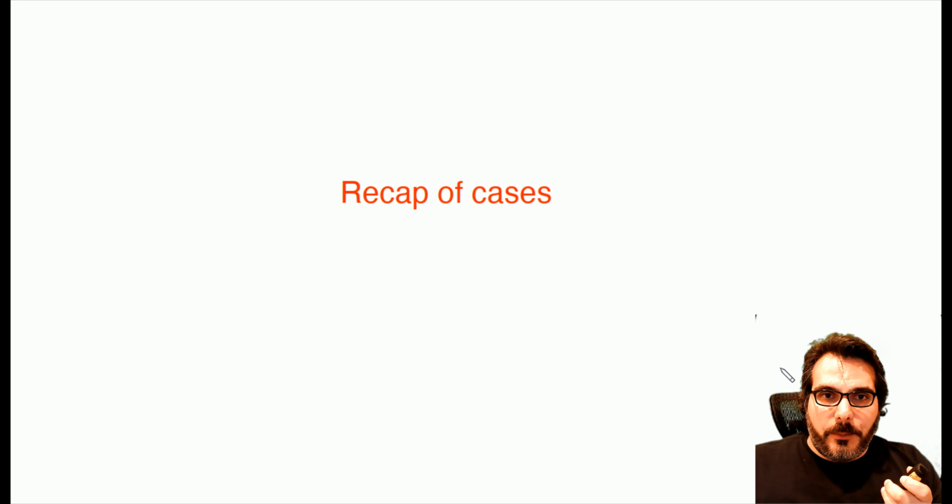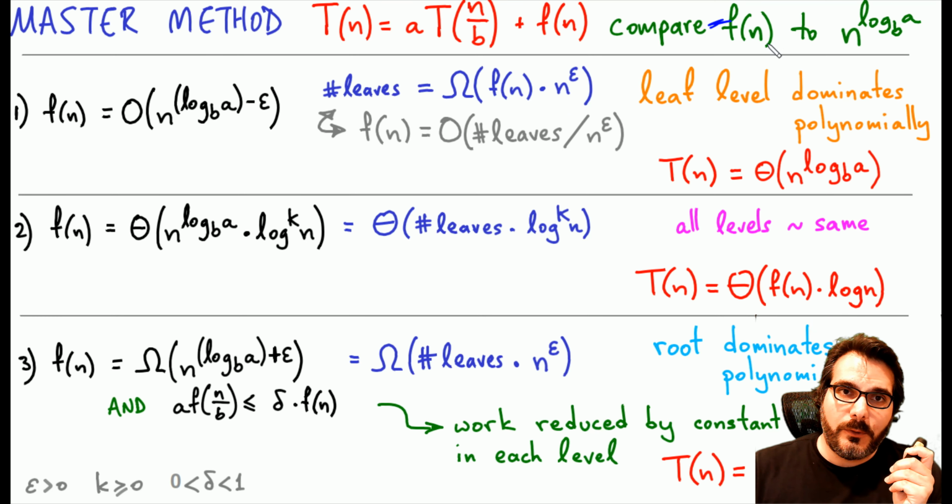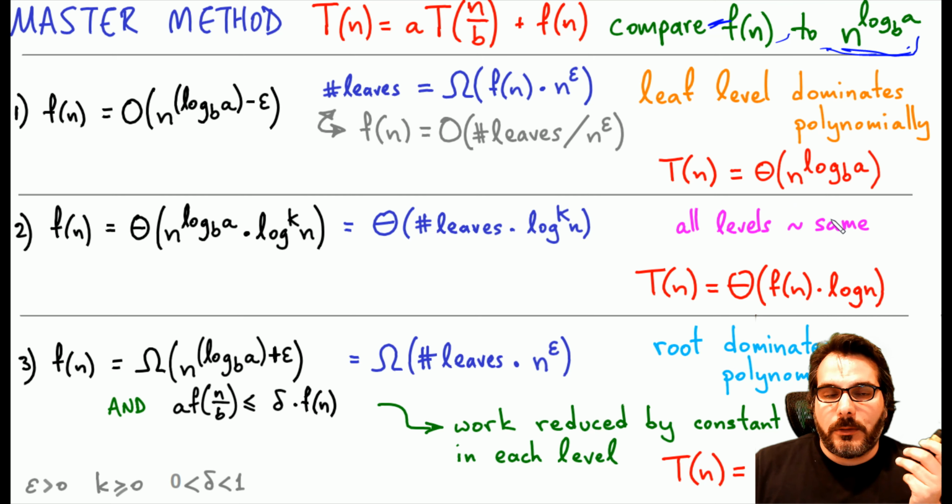So let's recap the cases again. We talked about the cost at the root, and we talked about the number of leaves. We calculated the number of leaves with some trick with logarithms, and in the end we said either the leaf level can dominate, the root level might dominate polynomially, or all levels are roughly the same.